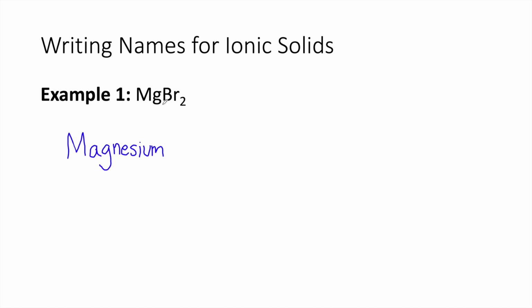So then we just look up Br, and you'll find that Br is the element bromine. So once again, we need to make sure we change the ending to IDE. So we're going to make it bromide. And there we go. We have the name written for magnesium bromide.